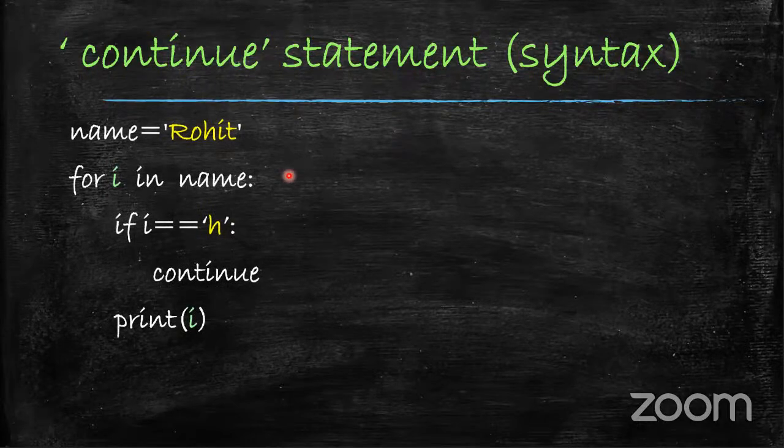Suppose name is equal to Rohit, and for I in name, if I is equal to character H, then continue, and then print I. Whenever I is equal to H, the continue statement will be executed. In all other cases, it will not be executed. That is clear. So the continue statement will be executed if and only if I is equal to H.